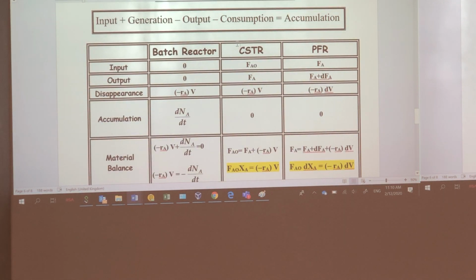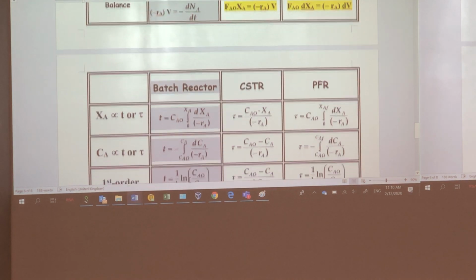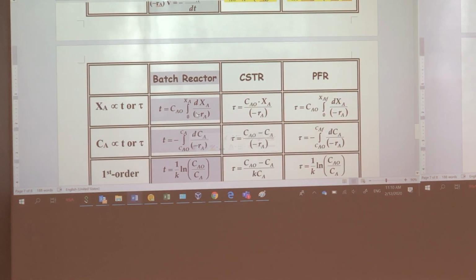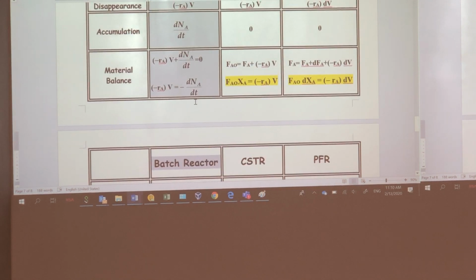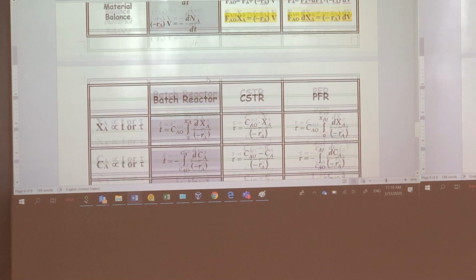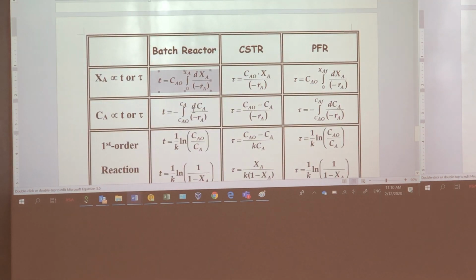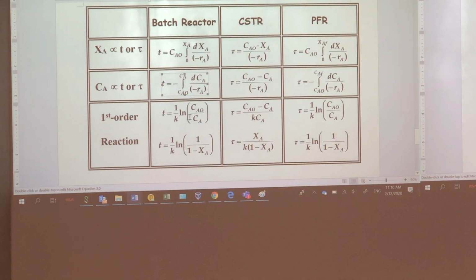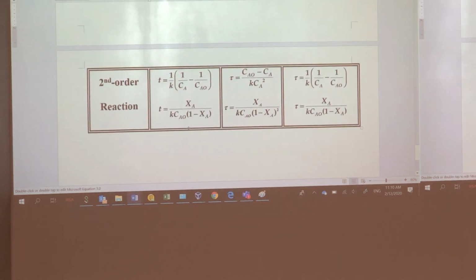So this table, now you can ignore the batch reactor. Why? Because for the batch reactor, no matter whether you follow this way or what you learned in topic 3, the integral method, anyway you will need to integrate from here to find the final for first order, then the final for second order, like this.